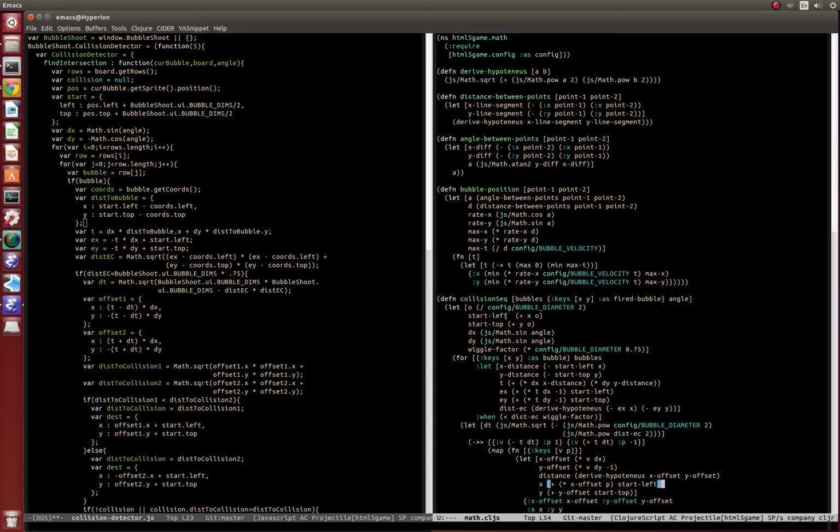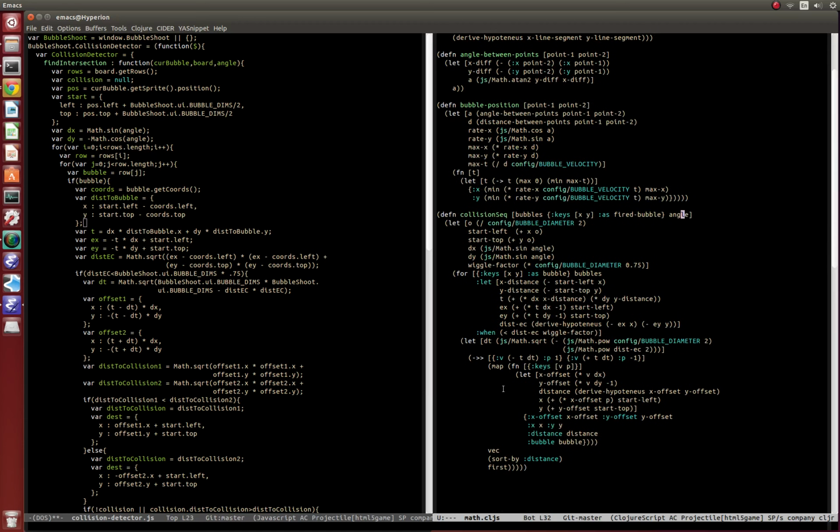And function number two is the collision sequence, which takes all the bubbles that are static, takes the fired bubble and the angle that the bubble is fired at, and should return a sequence of all the bubbles that would have been hit by this fired bubble. Ideally, at least, that would be what would happen. In reality, I am almost 100% certain there are errors in this code.